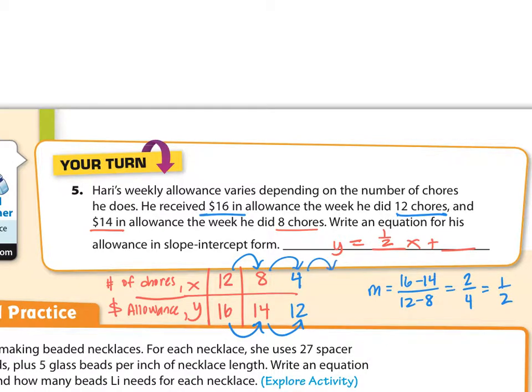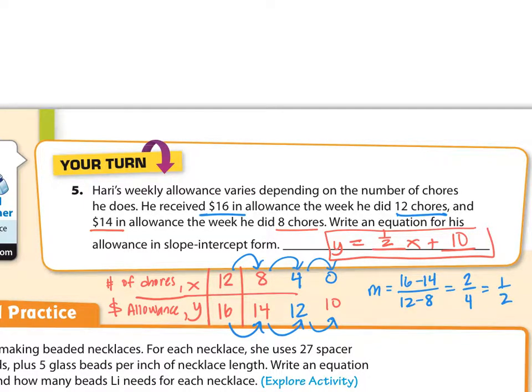If I subtract 4 again, I get 0. That's actually what we want. I want to know when Harry does 0 chores, how much allowance is he getting? If I follow that trend on the bottom, I am going to get a 10. So let's erase that question mark. I'm going to get a 10 right there, and that means our y-intercept is in fact 10.